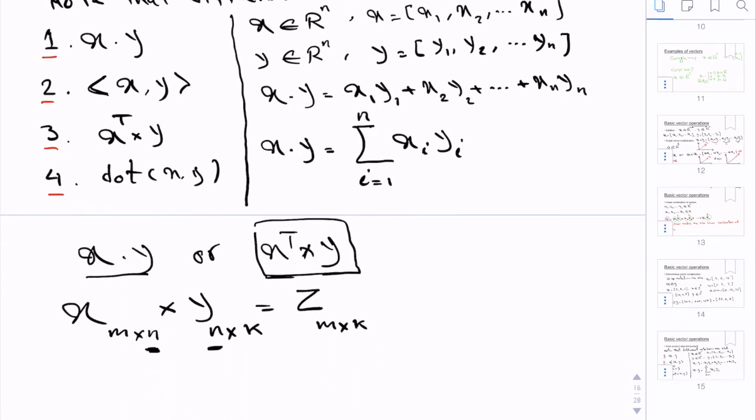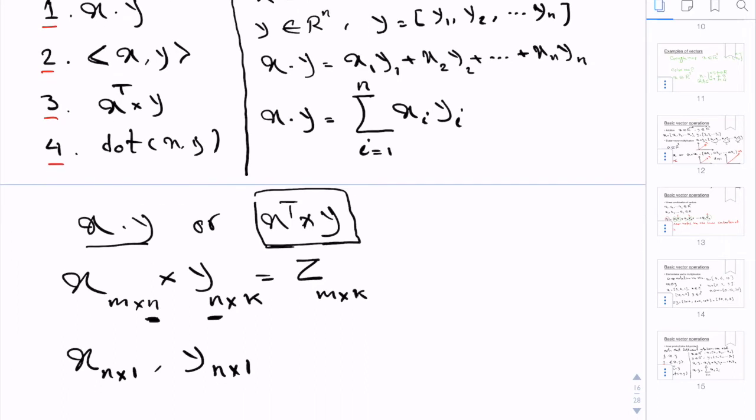So now imagine X is a vector. Usually we use the notation n by 1 for a vector. This is a vector of dimension n by 1, and Y is also n by 1.